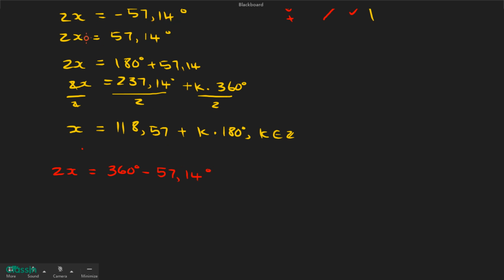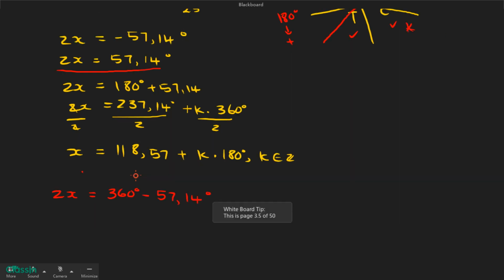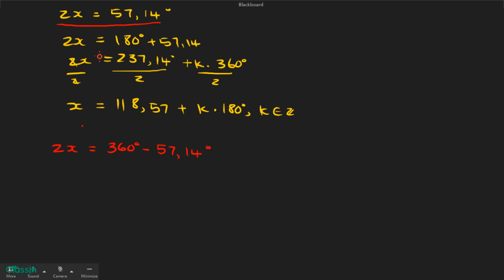We take this statement here. Because we are in this quadrant, it means that we are going to say 360 minus the small acute angle. So at the end, we're going to have 2x is equal to 302,86 plus k multiplied by 360 degrees, where k is an element of integers.